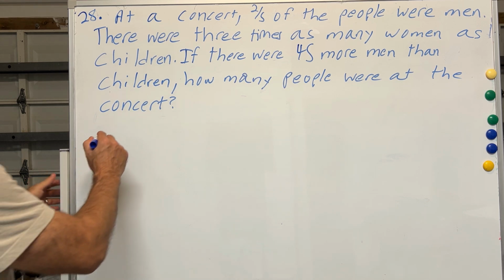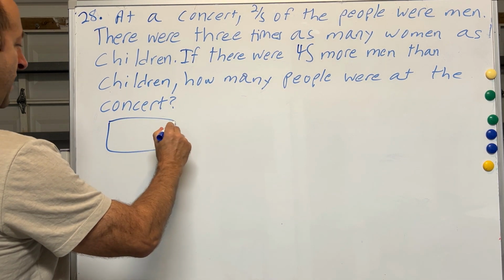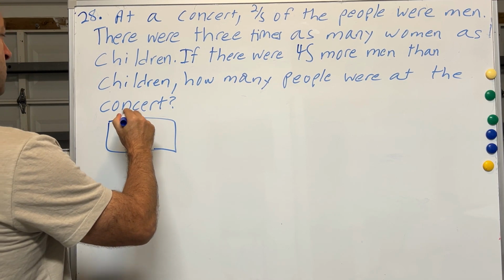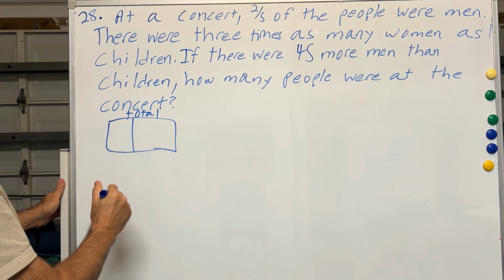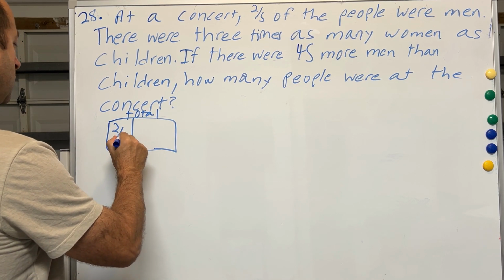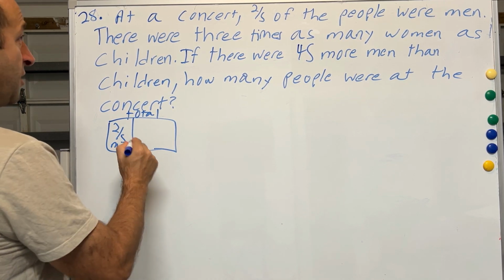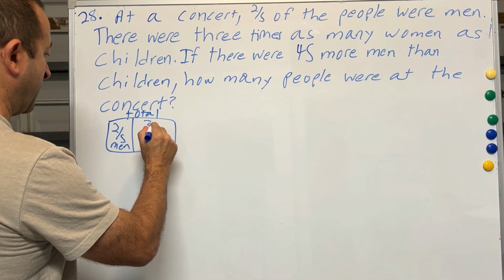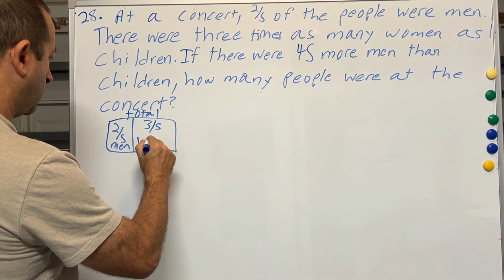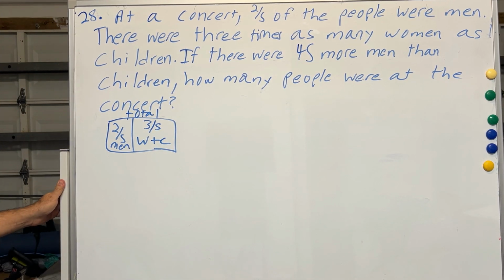So now instead of drawing out 20 boxes, we're going to make a box for the total number of people at the concert, and we're just going to divide it in 2 pieces. 2/5 are men. Therefore, we know that everyone else, which is women and children, is 3/5.